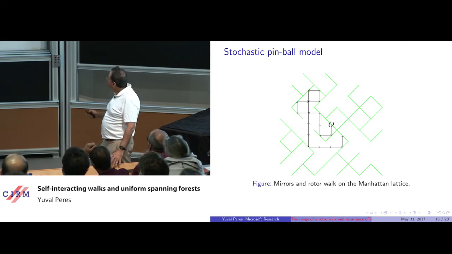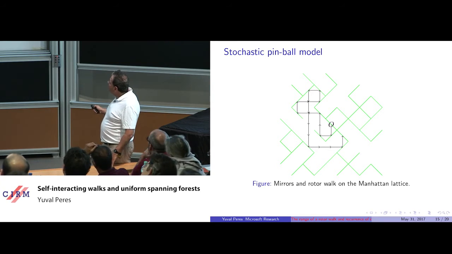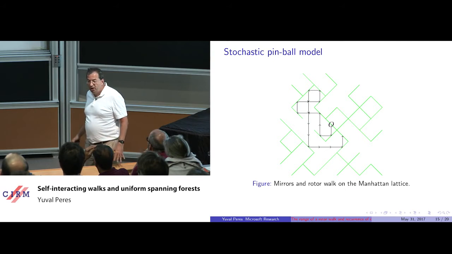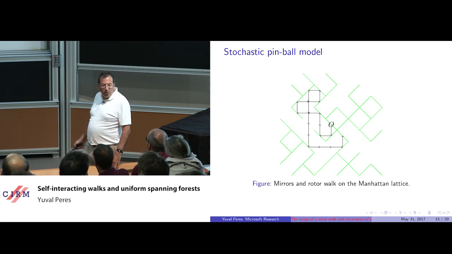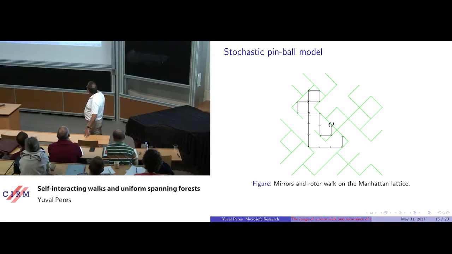In both of these lattices, if you build the mirrors, you can easily check that on some dual lattice you get a critical percolation. So we know that there will be contours of mirrors that surround the origin, infinitely many contours of mirrors.